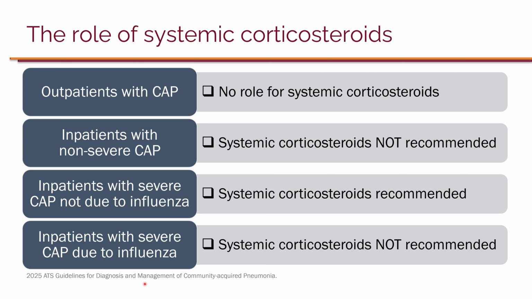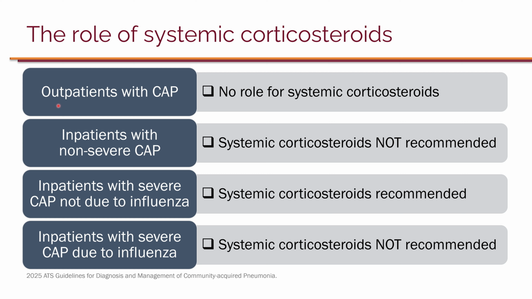The 2019 IDSA and ATS guidelines did not recommend the use of systemic corticosteroids for treatment of community-acquired pneumonia. However, since those guidelines were released, a few more studies have become available. So in 2025, ATS specifically updated guidelines and they made some recommendations regarding the role of systemic corticosteroids.